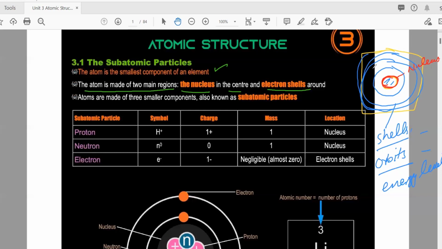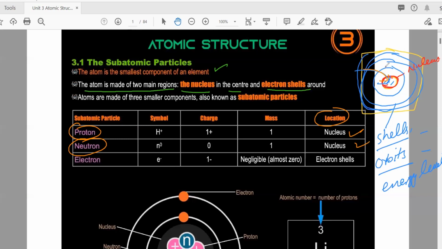If we go into further detail, this is a nucleus, but what is inside the nucleus? The nucleus has two things inside it. Number one is the proton and number two is the neutron. Both of them are inside the nucleus.